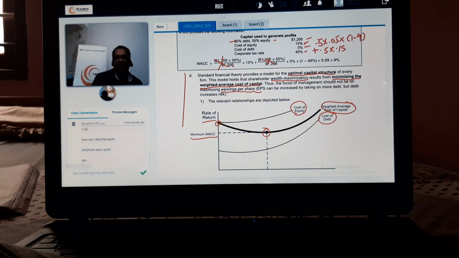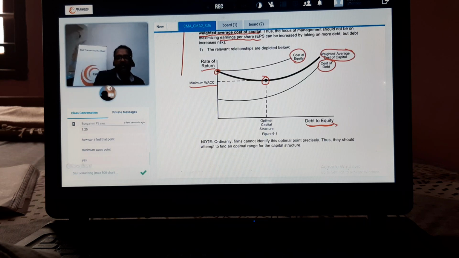Now, the practical issue is you cannot identify this point like a bullseye. Instead, they will look for a range. Within that range, they are comfortable. It can be between 40 to 60.